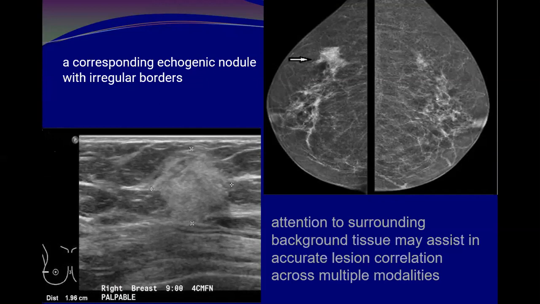In which direction will it move in a 90 degree mediolateral view? Will it move up or down? Do you remember? Down. Excellent. And the medial will move up.